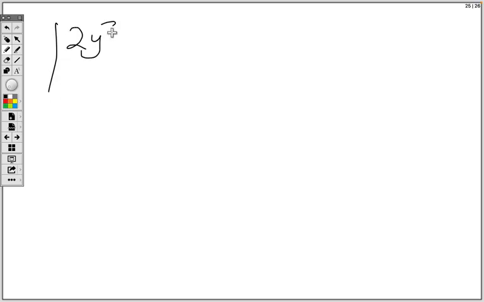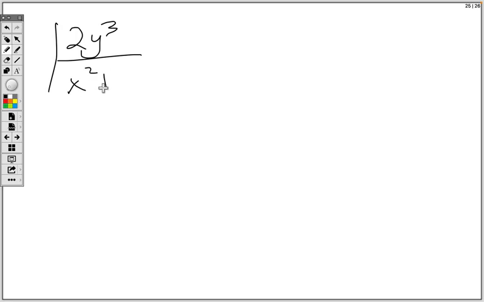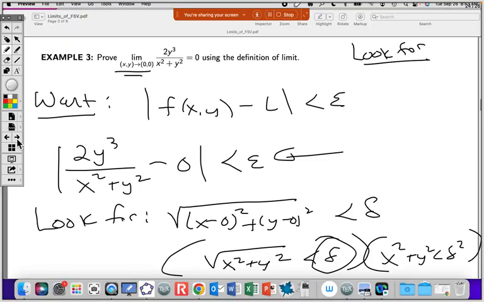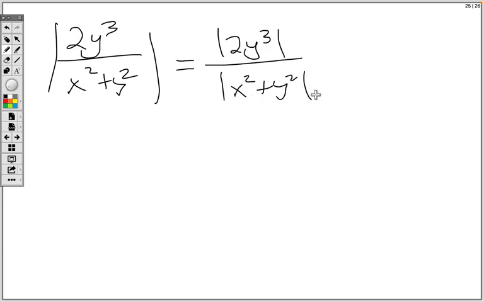Let's look at the absolute value of 2y cubed over x squared plus y squared. We're subtracting 0, so that's just the same. Now let's start looking at some properties here. Properties of absolute values work well with multiplication and division. If you think of it constructively, absolute value just makes things positive if they're not.